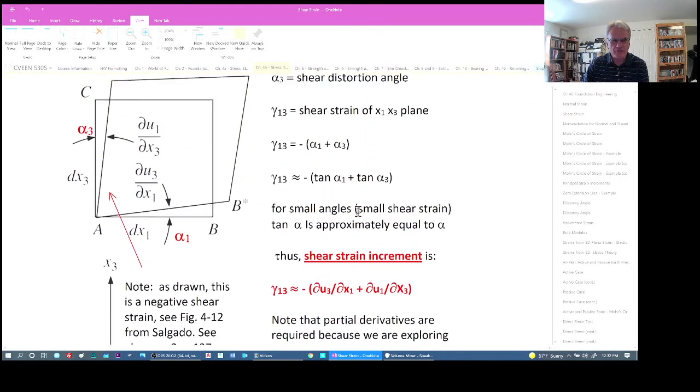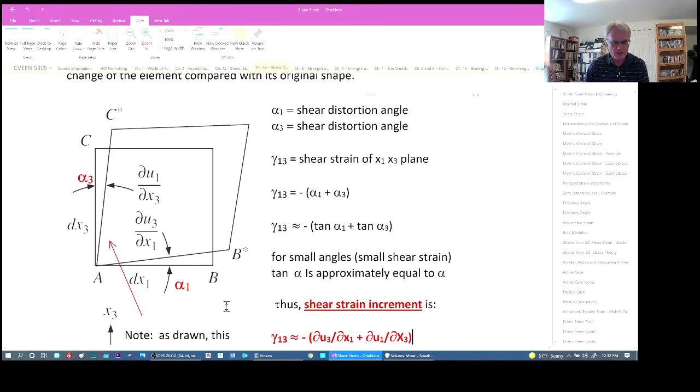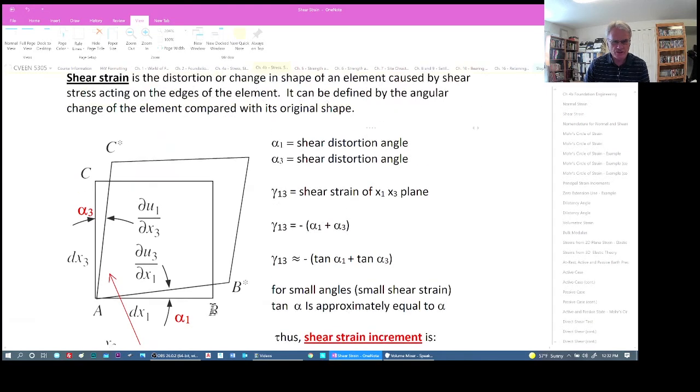Let's look at how to define a shear strain. Here we see a square element that has undergone both some angular rotation or squishing, and also it's being elongated too. The movement of C is from C to C primed and B is to B primed. Of course, A is remaining in the same place. So now we can look at changes in the shear strains.